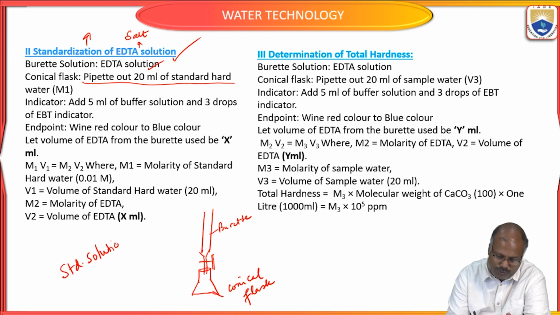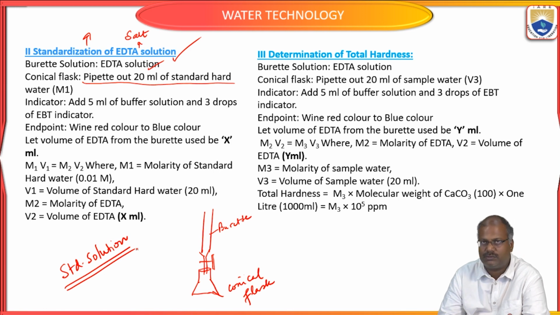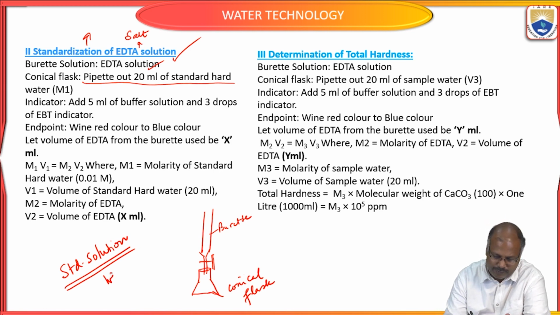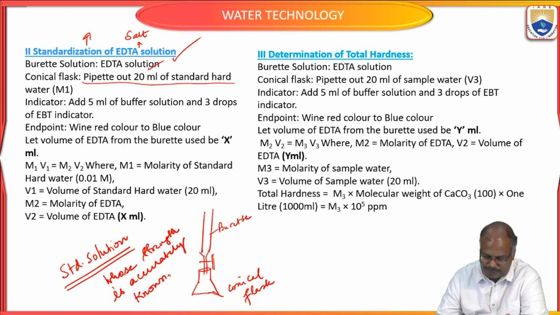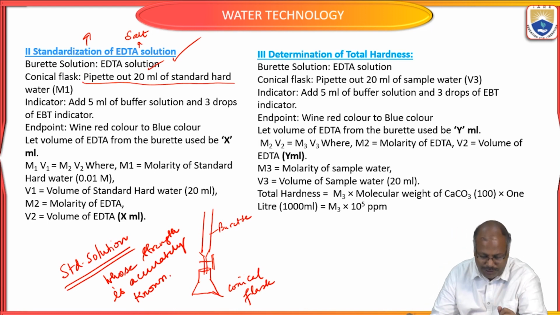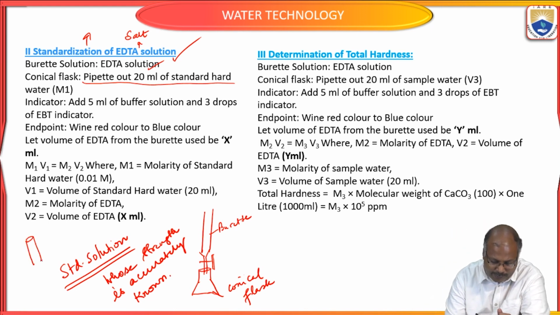Standard solution means whose strength is known, accurately known. Standard solutions are made with a standard measuring flask. For example, 100 ml, we have a mark here. So it's a standard measuring flask, or we can also say volumetric flask.